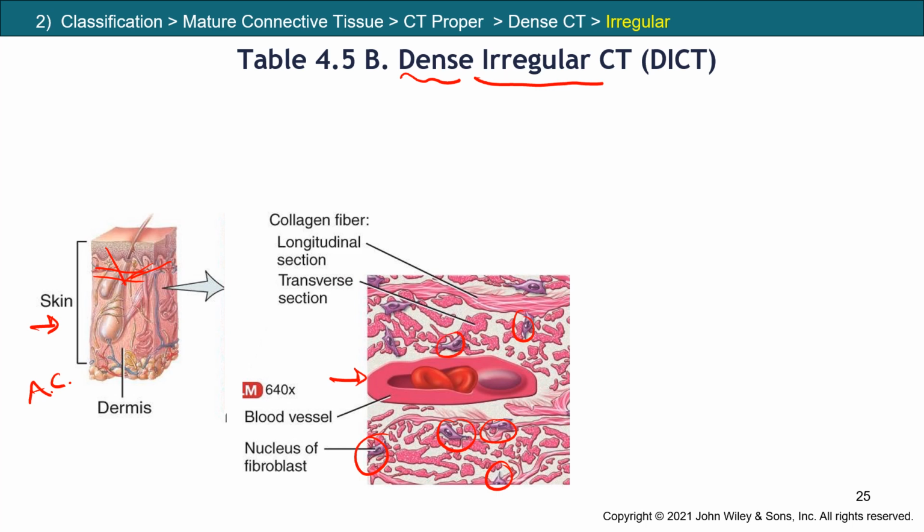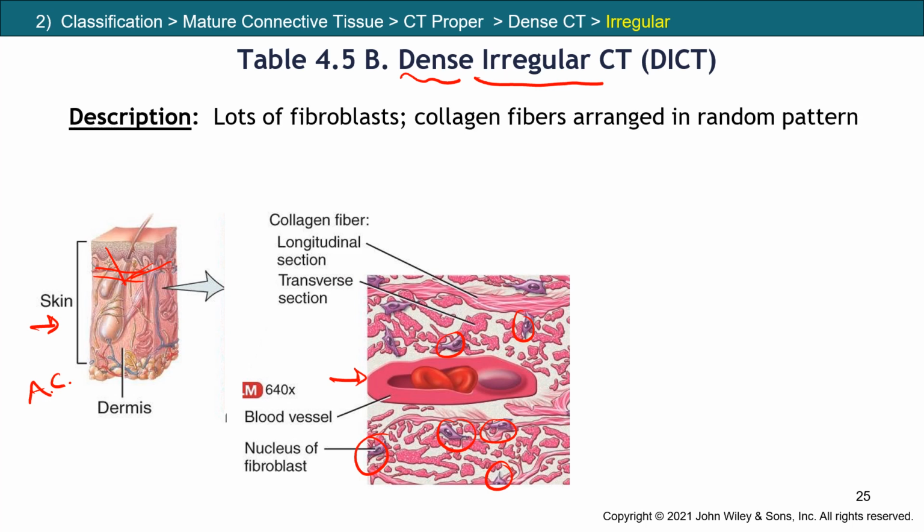This can be found in so many places. They support and bring together different structures. For example, in the skin, it brings together all these connective tissues to the muscle. This connective tissue works as a glue again. You can also find it in muscles, in the deep fascia, in kidneys, and in many different structures.